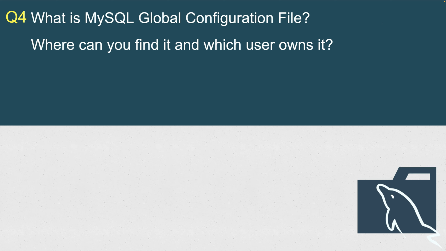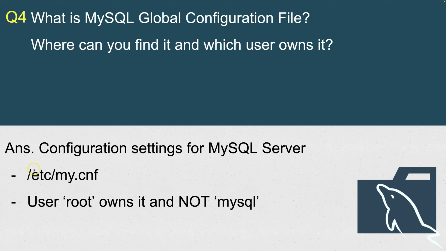The fourth question, what is the MySQL global configuration file? Where can you find it and which user owns it? This is a tricky question, not really tricky, but whenever they talk about global configuration, you always bring the root user into place. Even though MySQL runs under the mysql user, the configuration file is under /etc, and any file under /etc requires sudo privileges.